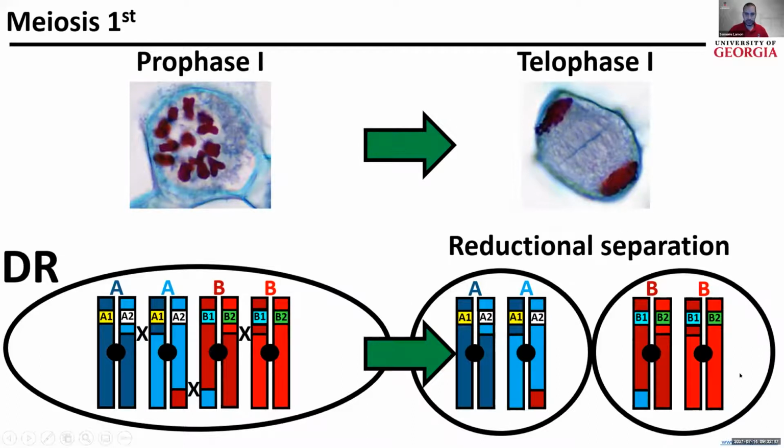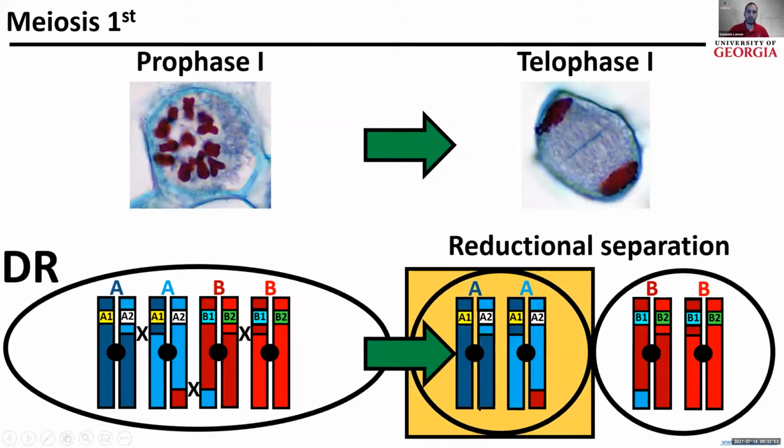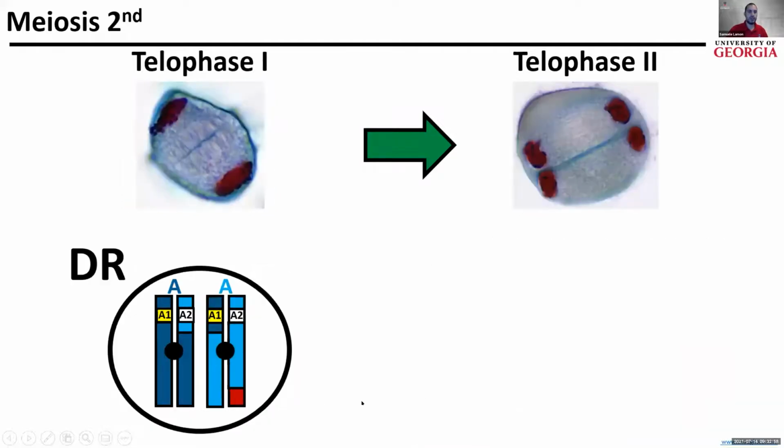So these gametes need to go through meiosis II, but let me just focus on this specific gamete. This gamete needs to go from telophase I to telophase II. And again, it can go through an equational separation or a reductional separation. Let's just focus on the reductional separation.